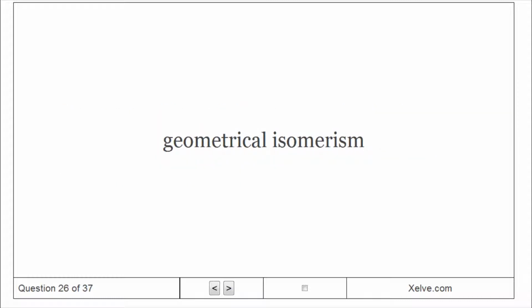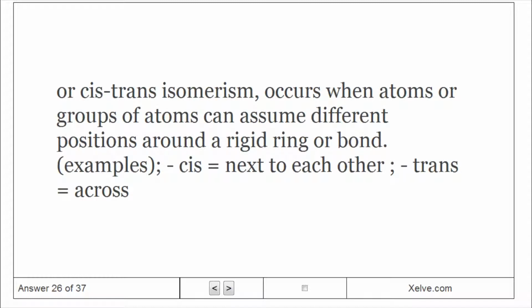Geometrical isomerism, or cis-trans isomerism, occurs when atoms or groups of atoms can assume different positions around a rigid ring or bond. Cis equals next to each other, trans equals across.